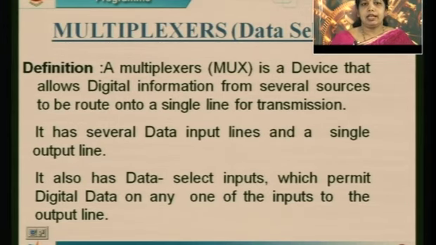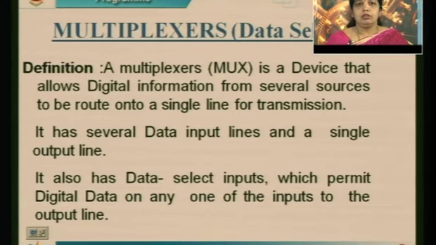These input lines we call data input lines, and it has a single output line. Only one input is selected out of many and redirected at the output. For this selection we have additional inputs called selection inputs or control inputs, also called selection signals or control signals.